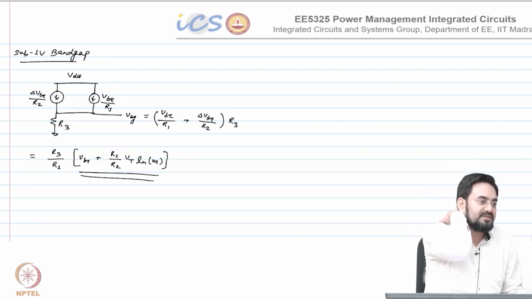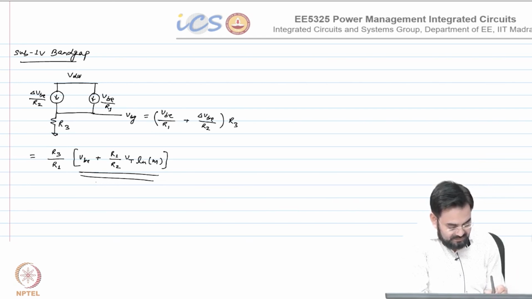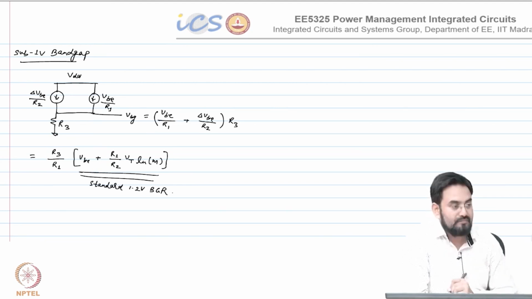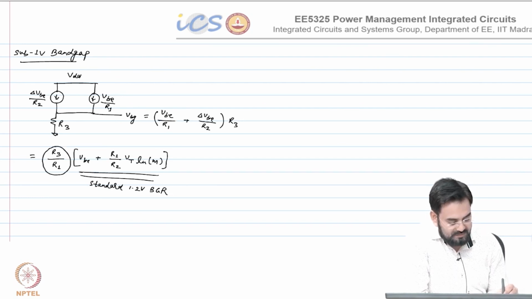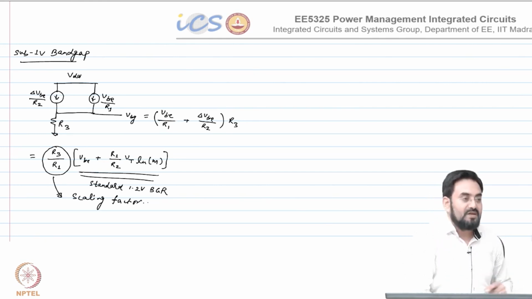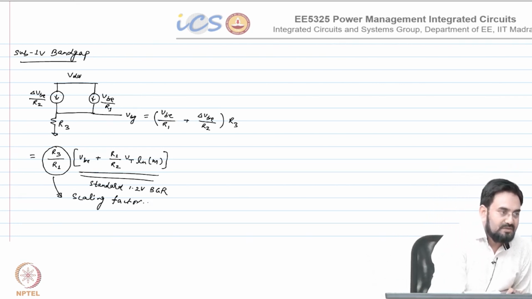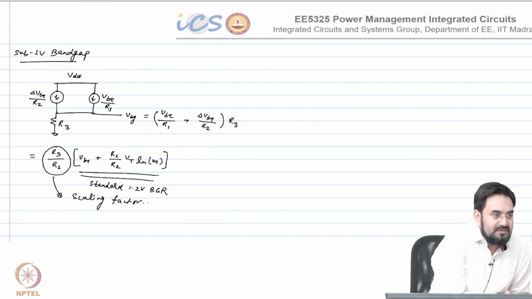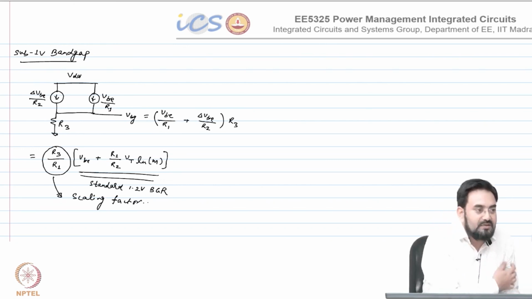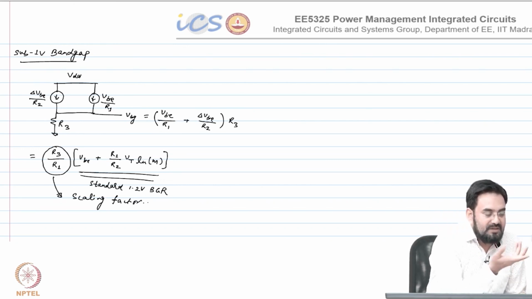Same as your standard band gap. Which means first you choose the ratio of R1 R2 to cancel the temperature coefficient, and then choose the R3 over R1 ratio depending upon what value you require.